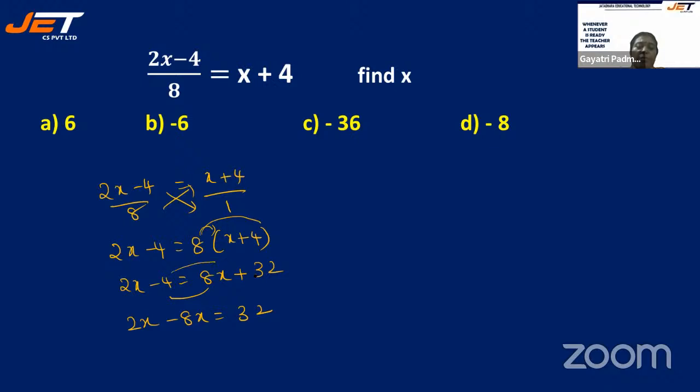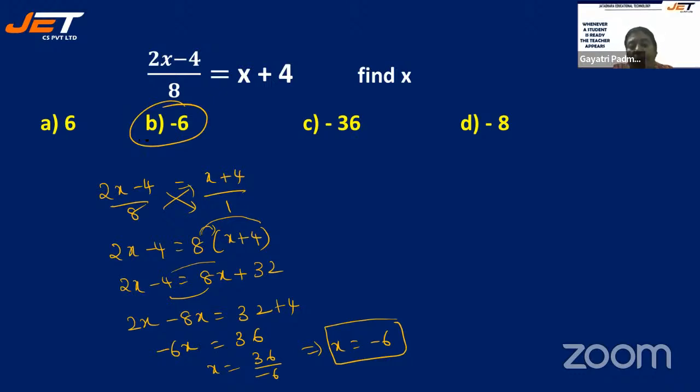When this minus 4 goes to the other side, it becomes plus 4. So 2 minus 8 is minus 6x is equal to 36. So minus 6x is 36. Therefore, x is equal to 36 by minus 6, which implies x is equal to minus 6. So the value of x is minus 6, right?